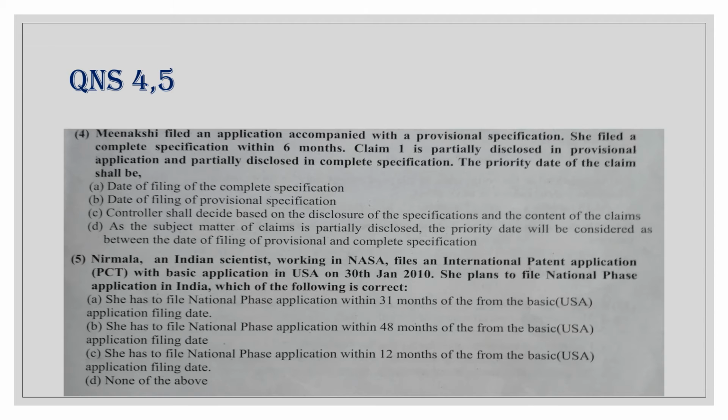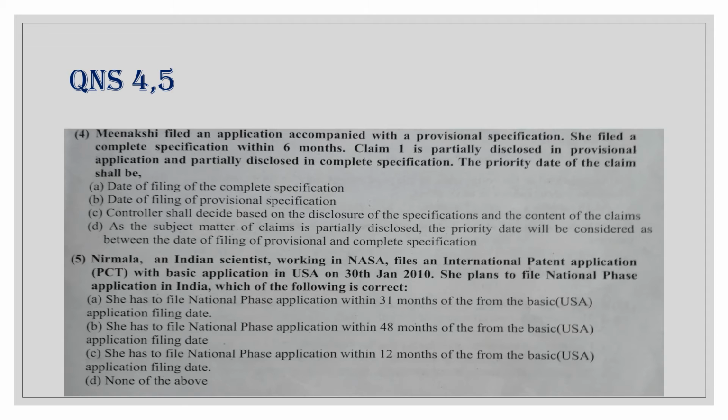Option B, date of filing of provisional specification. Option C, controller shall decide based on the disclosure of the specifications and the content of the claims. Option D, as the subject matter of claims is partially disclosed, the priority date will be considered as between the date of filing of provisional and complete specification.